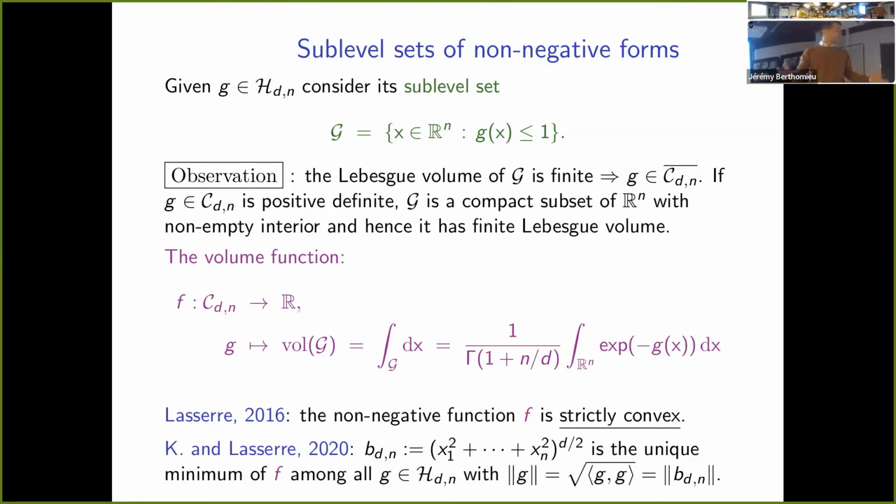So you consider the compact domain of non-negative forms that have fixed Bombieri norm, and then if you try to minimize the volume function of the sublevel set among all such forms, then the power of this quadratic will be the unique minimizer. That simply follows from invariance of the Bombieri norm, of the Lebesgue volume, and strict convexity of this function.